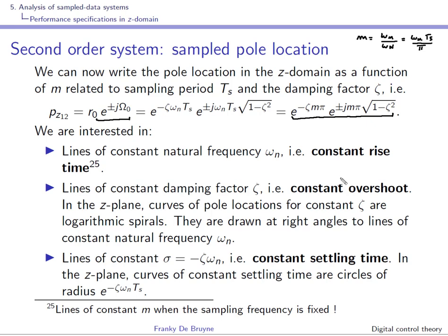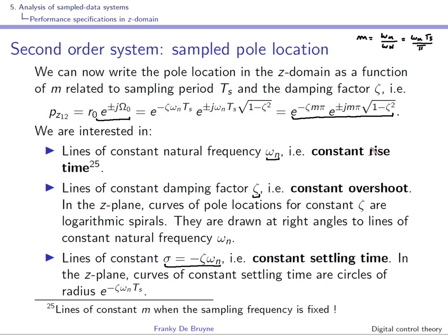So for performance, we know that the rise time is linked to the natural frequency, the overshoot is linked to the damping factor, and the settling time is linked to the real part of the pole in the S domain.